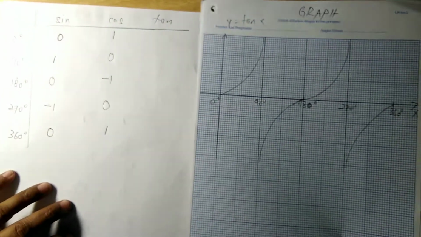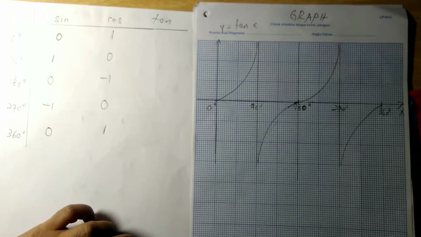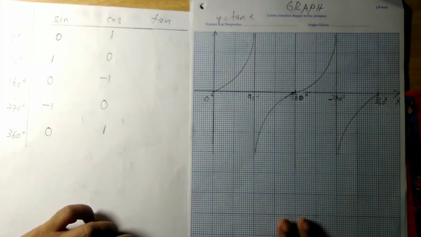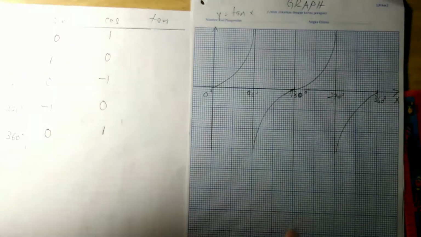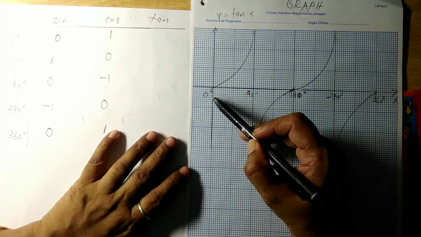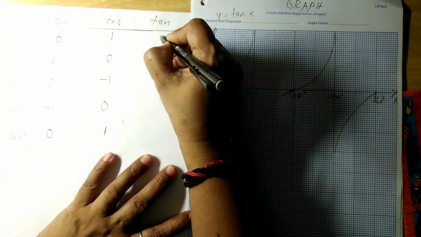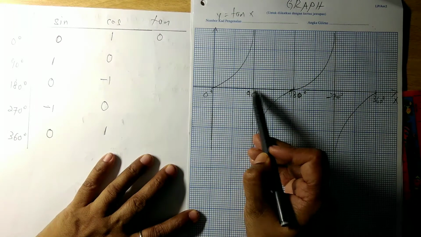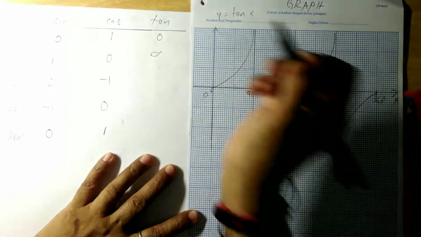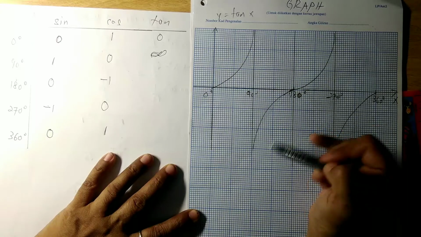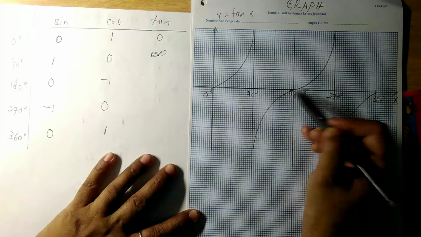Now we look at the graph of tangent. There are a few things we can look at. There are a few asymptotes. We start with 0 degrees: tangent of 0 is 0. At 90 degrees, it's undefined. At 180 degrees, it comes back to 0.